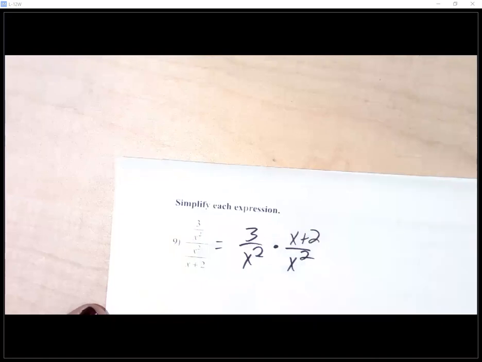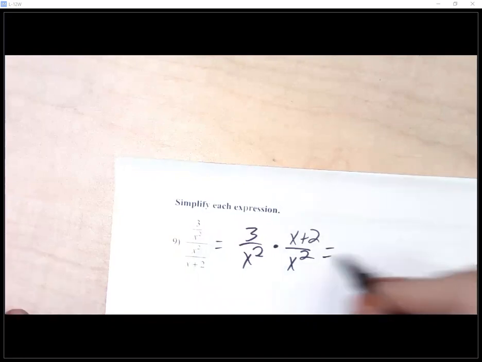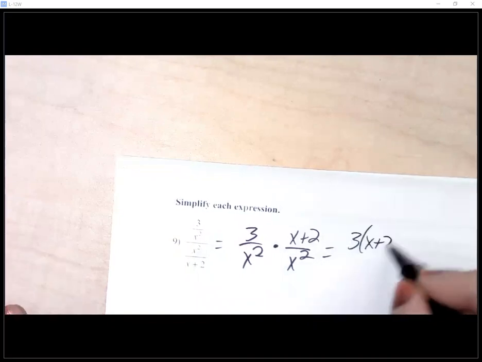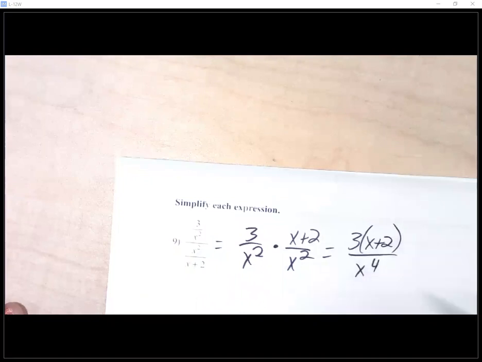Now it is a multiplication problem. Factor everybody, cancel whatever you can. Nobody factors and nobody cancels. So if I just multiply straight across, I get 3 times x plus 2 over x to the 4th. If you want to multiply out that numerator, you can. You don't have to. It's no big deal. What number is this? 9.